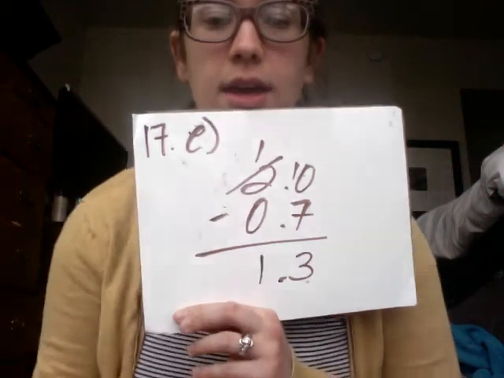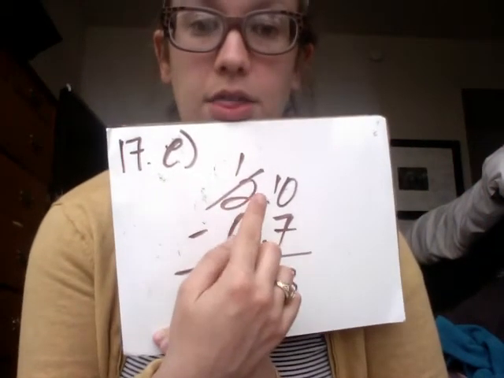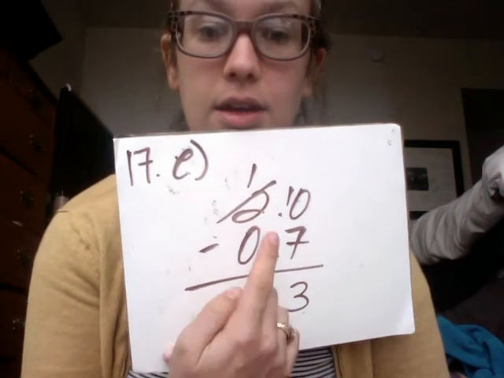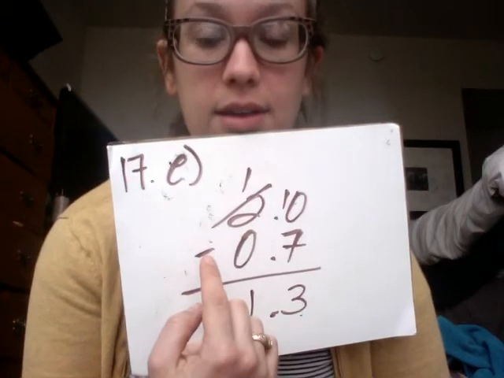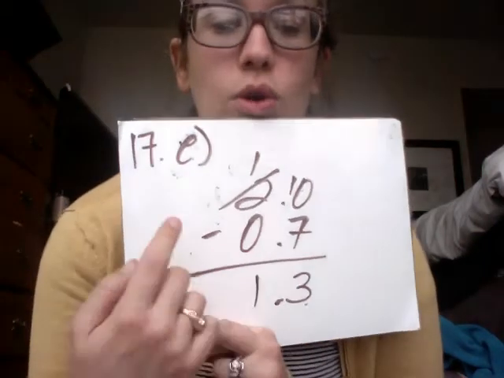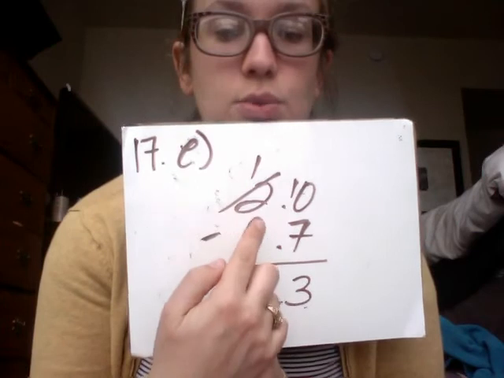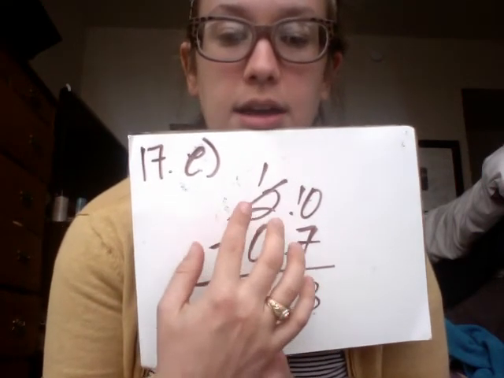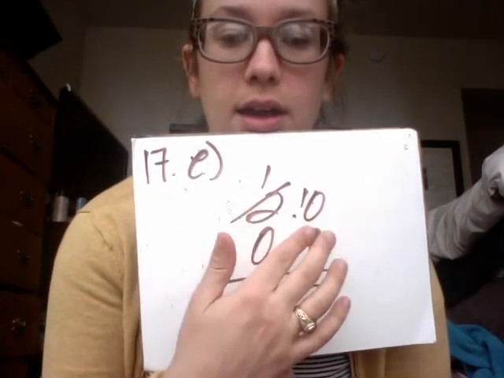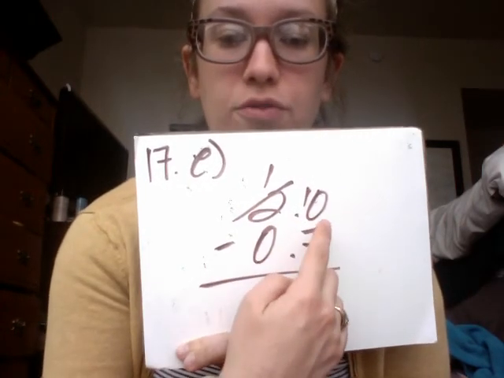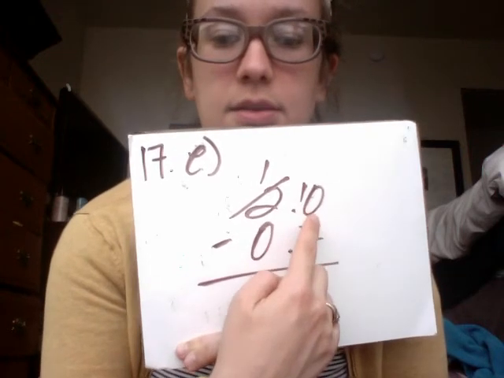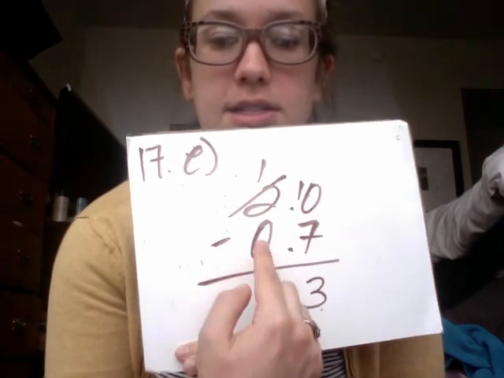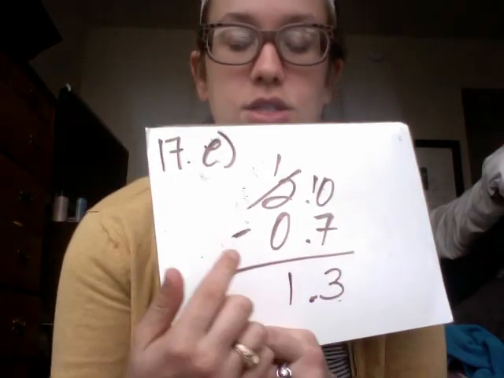If you did it in your head, you probably thought of this either as 20/10 minus 7, so it's basically like 20 minus 7. Or you thought about splitting your 2 into 1 one and 10/10. That's basically what I did, right? I got my 2, I crossed it out, traded in 1 for 10/10. 10 minus 7 is 3. I still have 1 one left over. 1 minus 0 is 1. Okay, so 1.3.